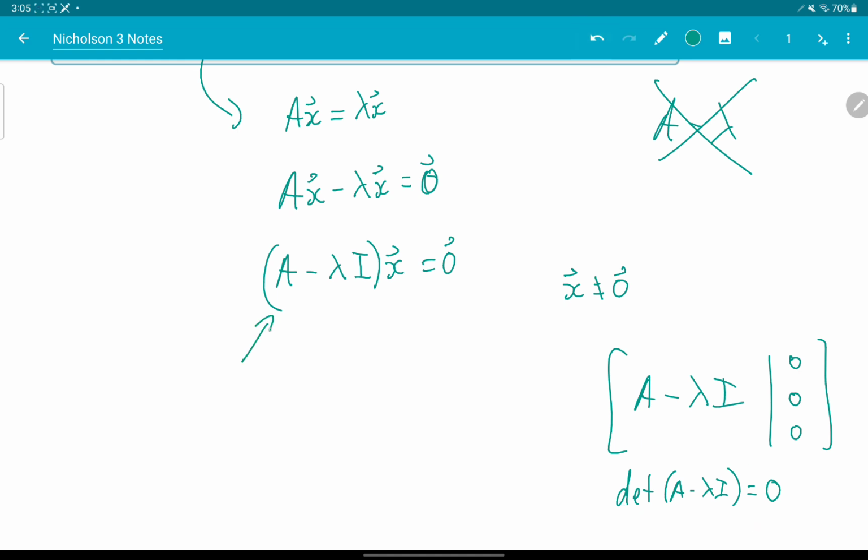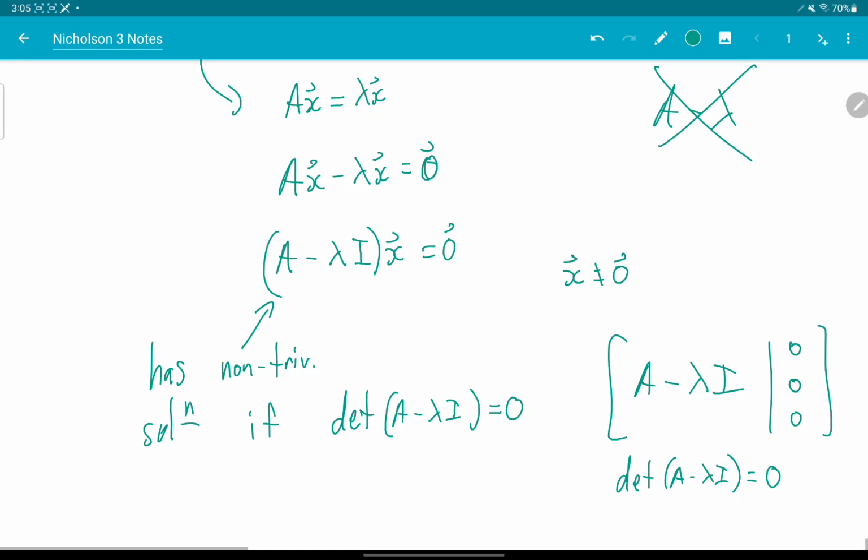Okay, so this equation has a non-trivial solution if the determinant of A minus lambda I is 0. So I will use that to find lambda.